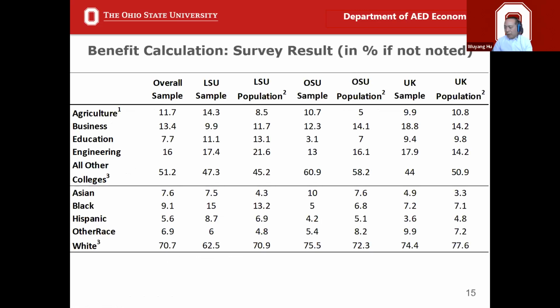Now let's talk about the survey results. Here is the information about the demographics, or the distribution and characteristics of our sample. We show the overall sample, combining all 3 campuses. We also show individual campuses, for example OSU. Let's look at our OSU sample characteristics and the OSU student population characteristics.